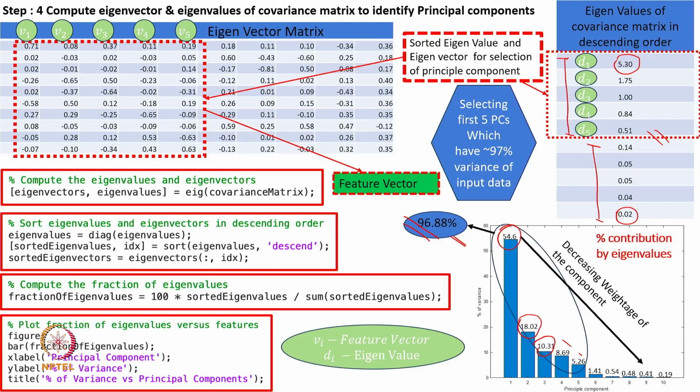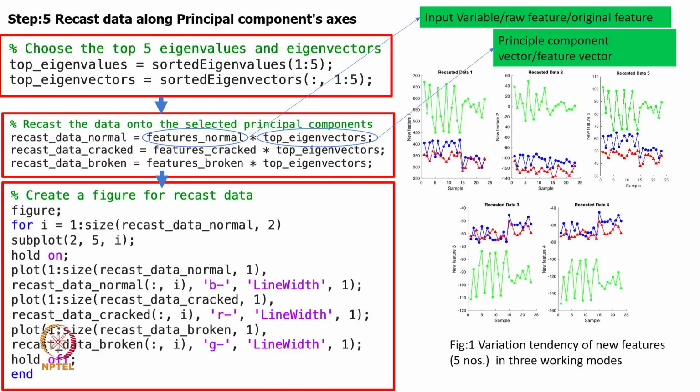However, it is subjective; people can think about 85%, 90%, while in this case we have selected the top 5 eigenvalues, and based on that we can try to recast the data.